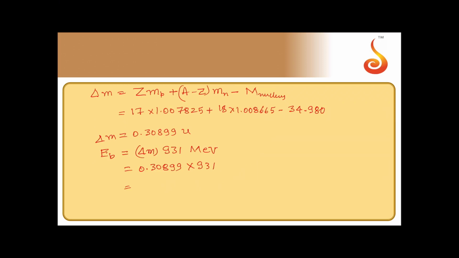So this will give you 287.67 MeV. So this is binding energy. Now binding energy per nucleon EBN is EB divided by A. So that is 287.67 divided by 35. So that should be equal to 8.2 MeV.